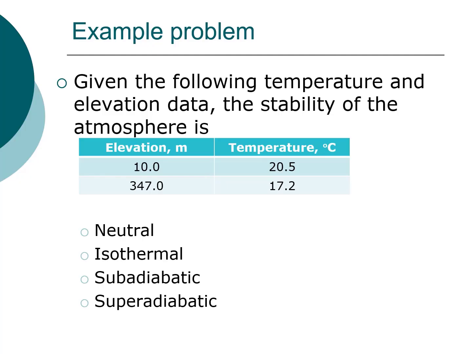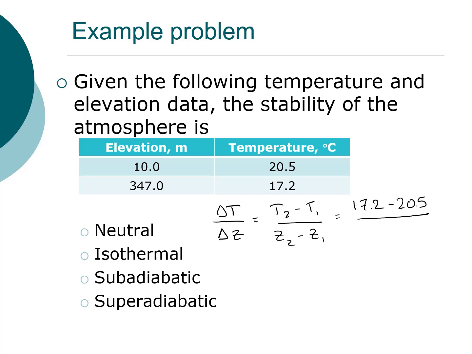So let's look at this problem. We're given the following temperature data shown in the table here. Let's calculate dT/dz. So that's (T2 minus T1) divided by (Z2 minus Z1). And that's (17.2 minus 20.5) divided by (347 minus 10).